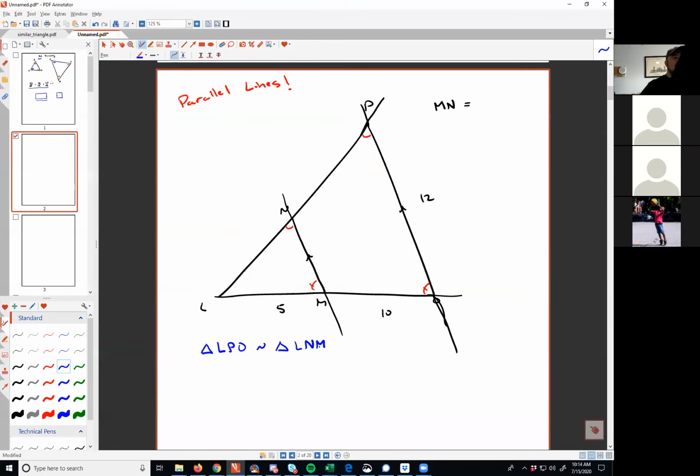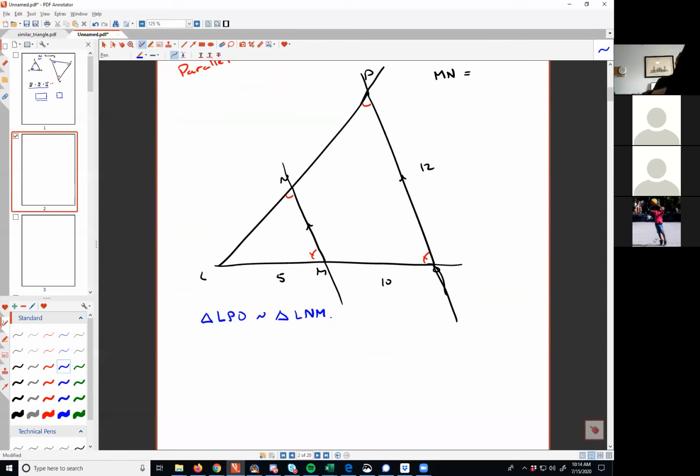Good. So now that we know that this is true, we know that we have similar ratios. So here's the way I like to do it. Once we've matched these corresponding vertices, that's helpful because we can go one pair at a time in the same places.